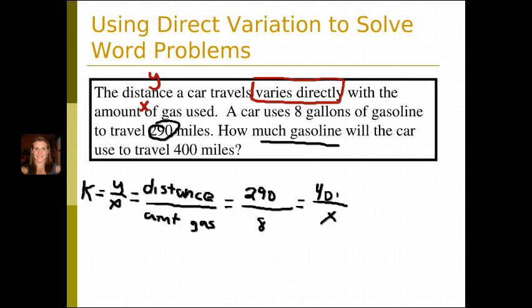From here, we set up our proportion where we cross multiply. So 8 times 400 is equal to 290x. To solve for x, you divide both sides by 290.